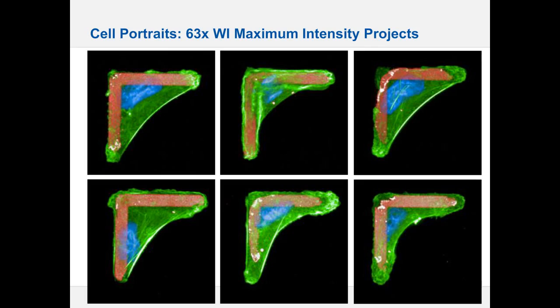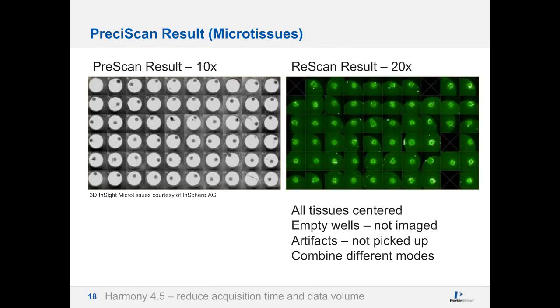Another maybe more relevant example to many of you is shown here. This is a plate provided to us by SphereOids, which holds 3D insect microtissues in a gravity trap plate. And as you can see on the left-hand side, this is a pre-scan at 10x.